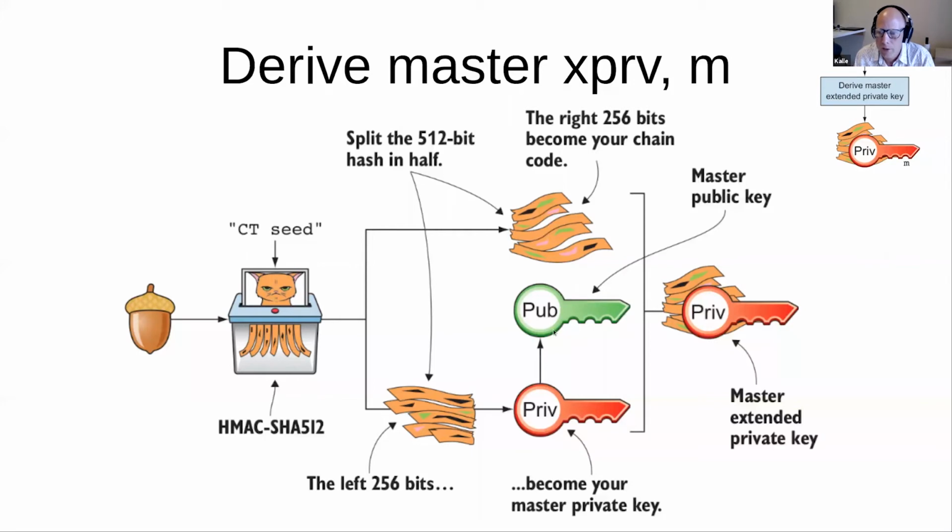And these two together will form your master extended private key. And of course, you can derive the public key from the private key, which is then your master public key. That's important for a later discussion. But right now we have created our master extended private key.